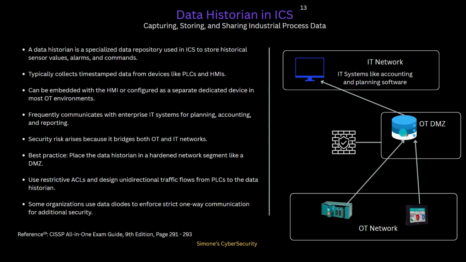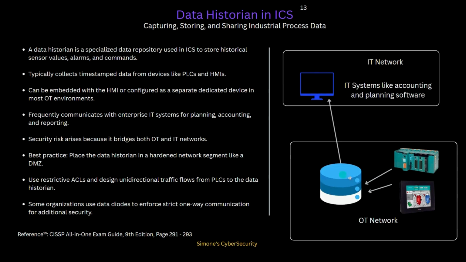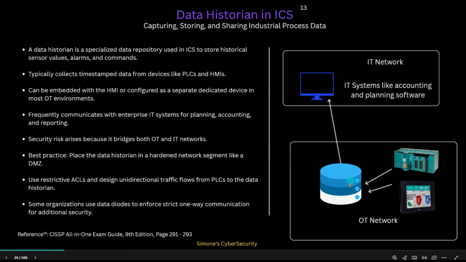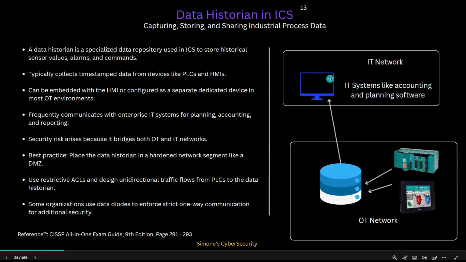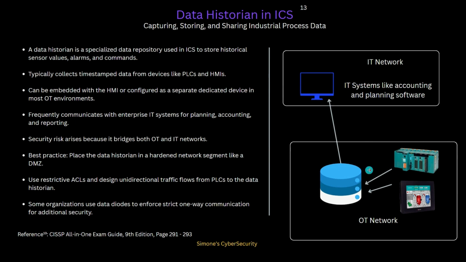If you don't segment the data historian like this, then you will end up creating a bridge between both the networks. An attacker who manages to get a foothold within the IT network can quickly jump onto the data historian, and from the data historian jump to the ICS devices. Like this, the data historian can become a bridge for the attacker to cross from the IT world to the OT world. And mostly 90% of threats to the OT network arise from the IT world.